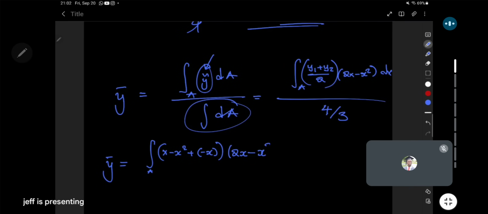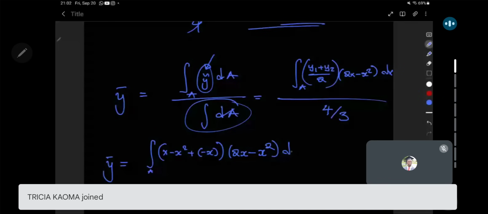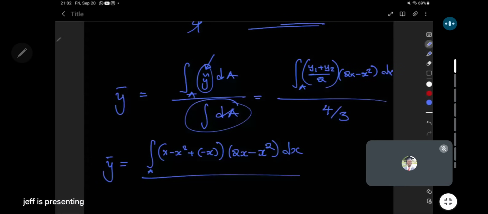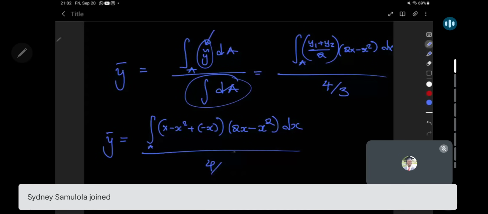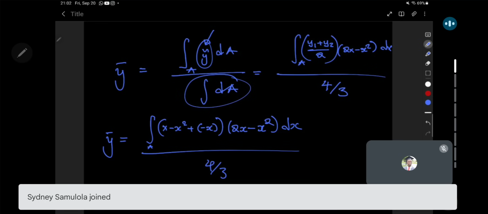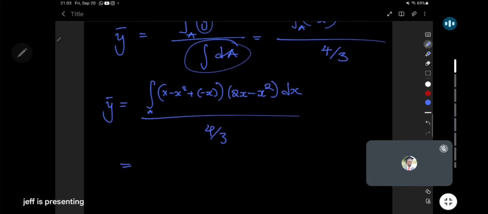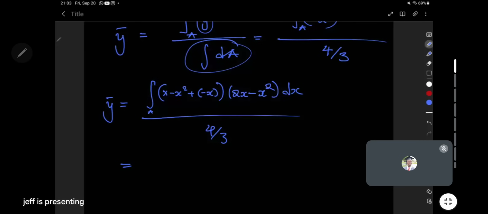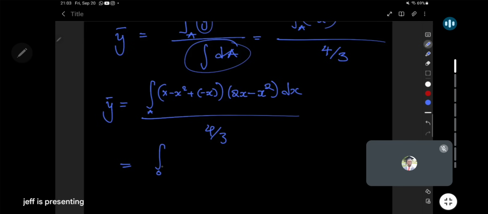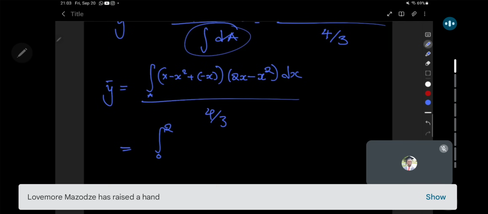Yes, reduced to 2x. Divided by the integral of dA. Again, it just reduced to 3 over 4. So the limits, because this is still in terms of x, will still be from 0 to 2, since this is integrated with respect to x.